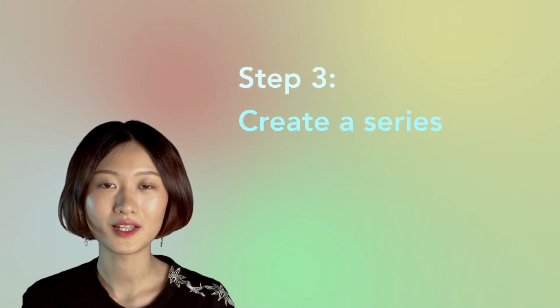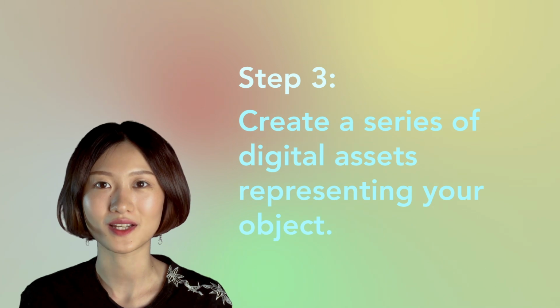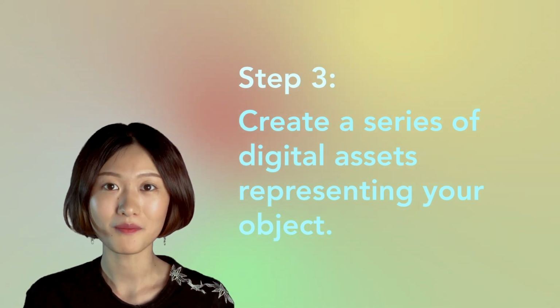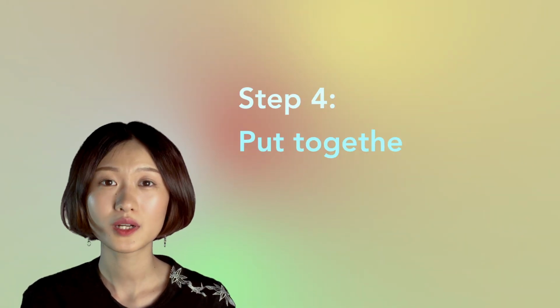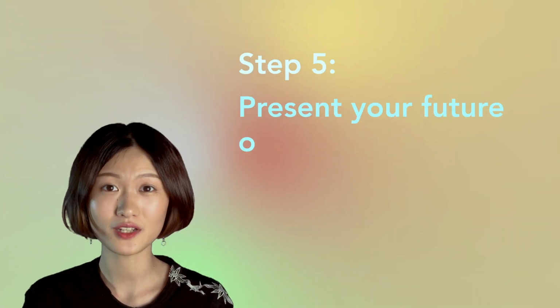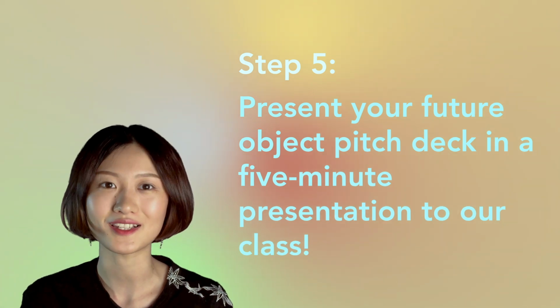Third, in Photoshop and Illustrator, you'll create a series of digital assets representing your object. These assets can be drawings of the object, but they must contain at least 10 animated GIFs. Fourth, put together a pitch deck of at least 10 slides. And finally, present your future object pitch deck in a 5-minute presentation to our class.